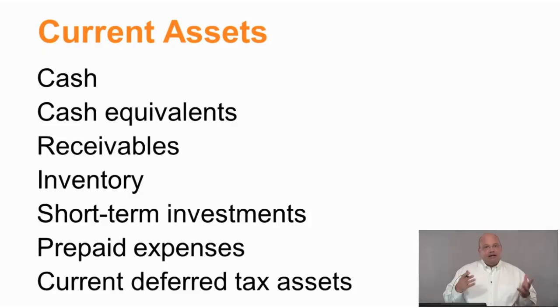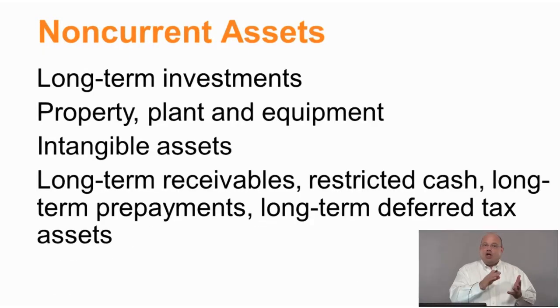Non-current assets: long-term investments, property, plant, and equipment, which are fixed assets, intangible assets, long-term receivables, restricted cash, long-term prepayments, long-term deferred tax assets. Okay, those are the non-current assets. They're going to be used in more than 12 months.